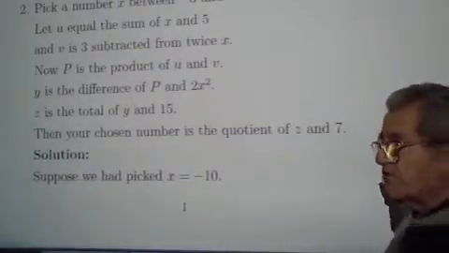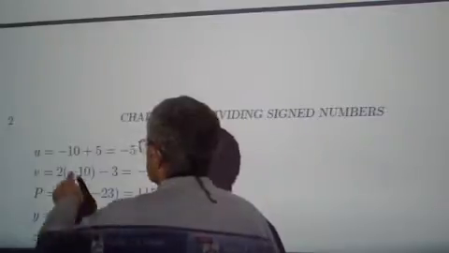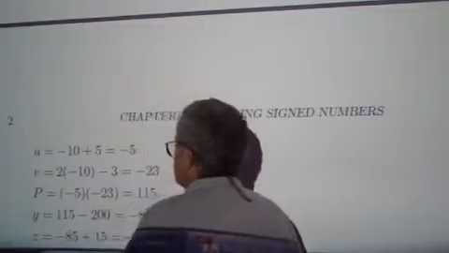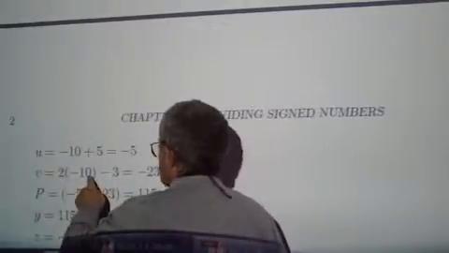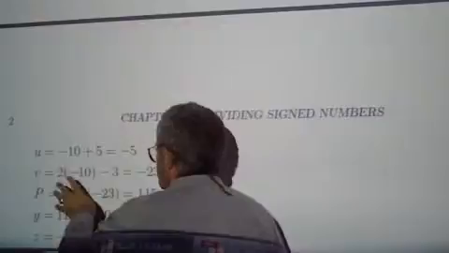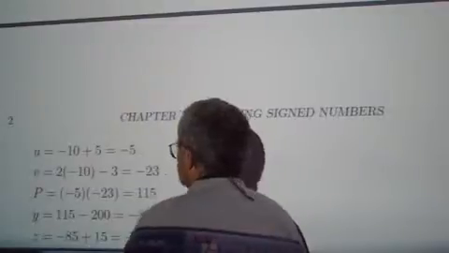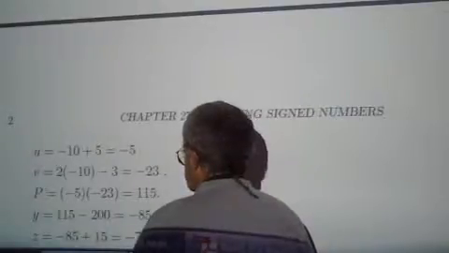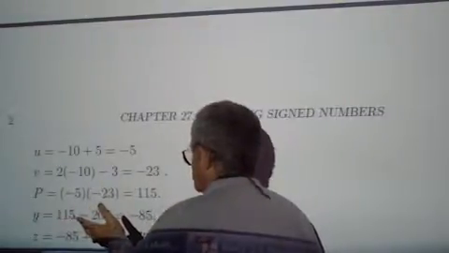I don't want to do the problem for you, so I picked a number that you're not going to use. u was, I think, the sum of your number and 5, so we add them, we get negative 5. v was, probably, the difference of 2 times u and 3: 2 times negative 10 minus 3. p apparently was the product of u and v, 115. y was, I guess, p minus 2 times your number, I think.